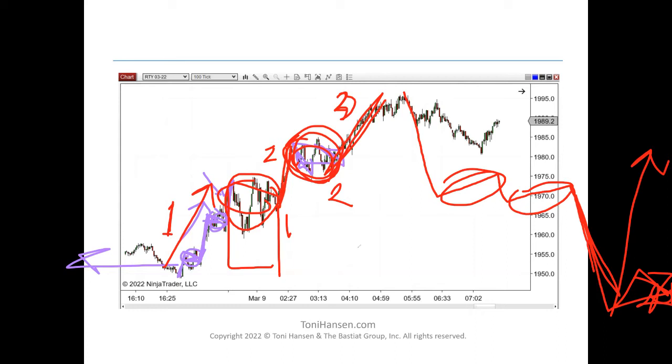And so you might be wondering, hey, why did I get 3 impulse moves up, but I only got 2 on the way back down?